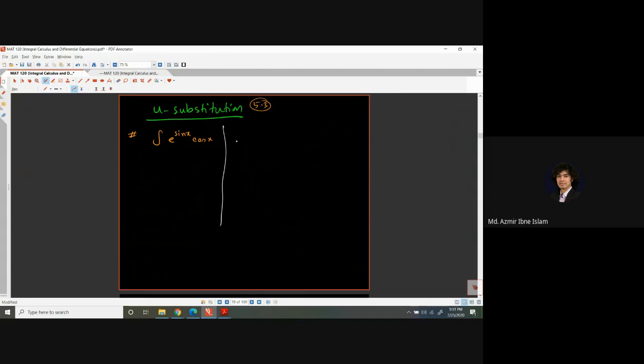Okay, so suppose we are taking cosine x as u. So step 1 is completed. We have considered a function as u. Then in the second step, we have to differentiate with respect to this variable x.